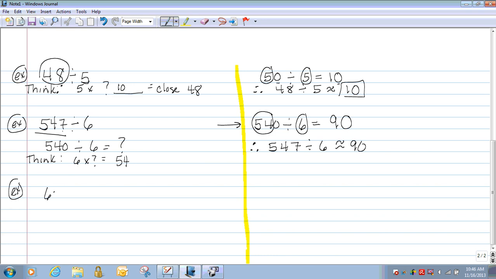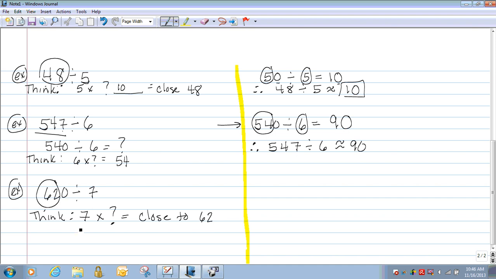Let's do another example. If I have 620 divided by 7, I want to think: 7 times what number is close to 62?